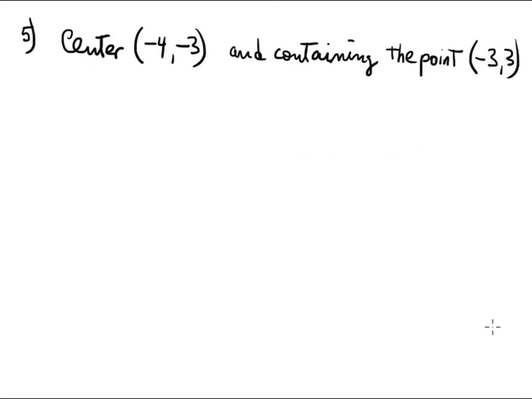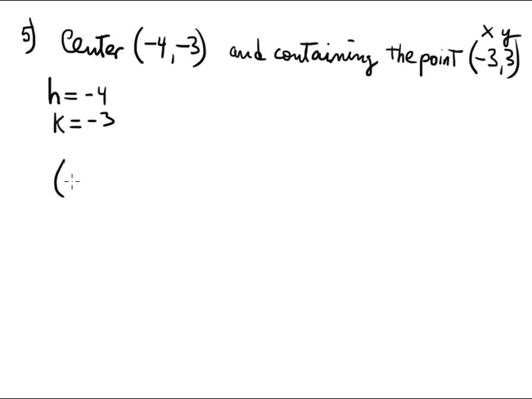Okay, question 5 is find the general form of the equation of the circle. So the requirement is, this is the center, because h is negative 4 and k is negative 3. And contain the point negative 3, 3. This is x and this is y.